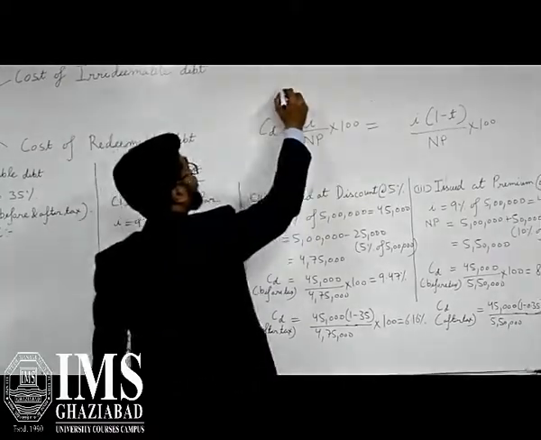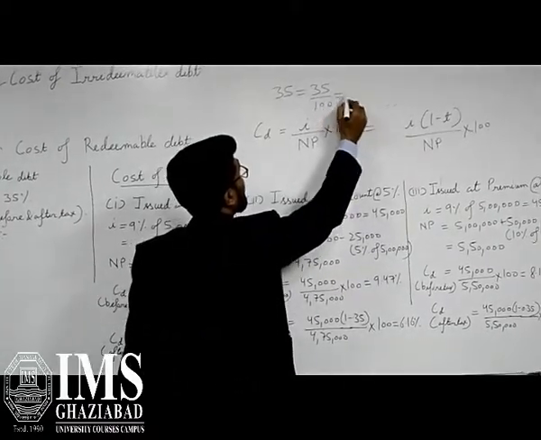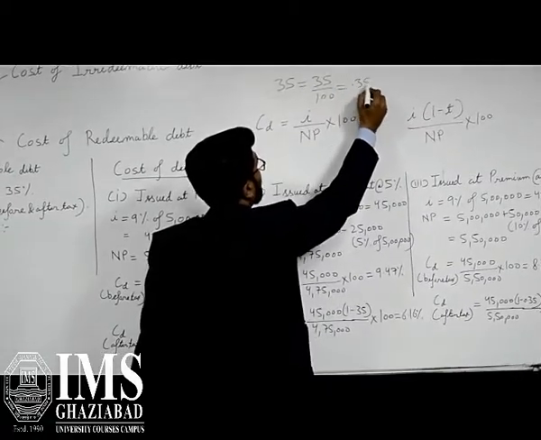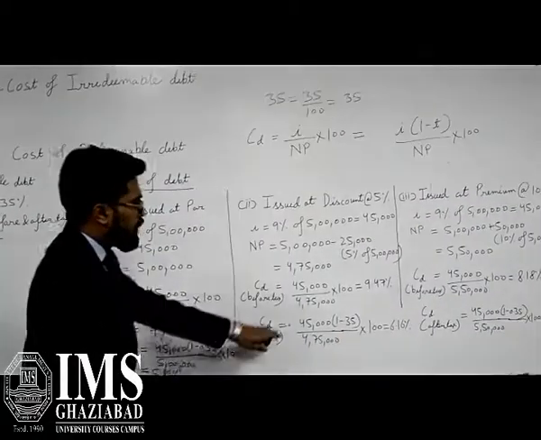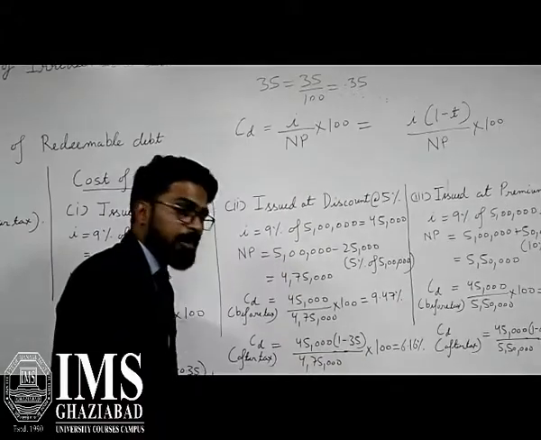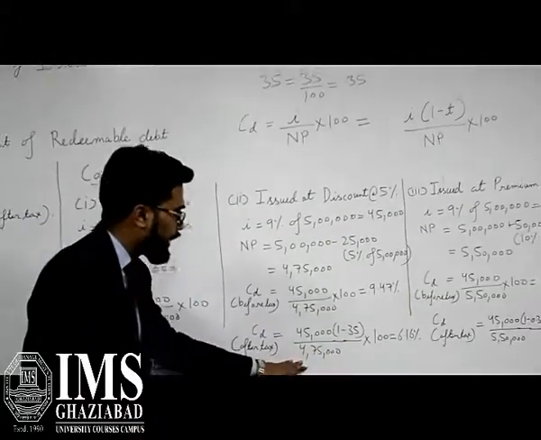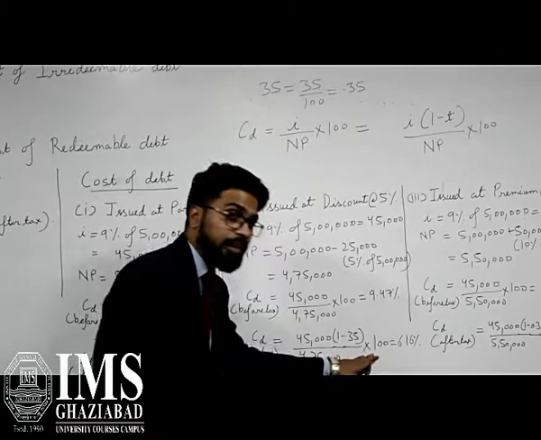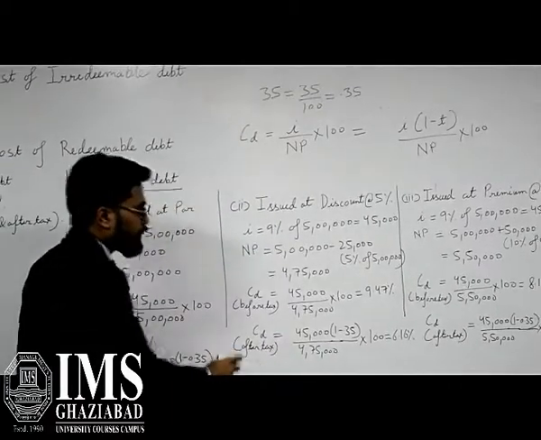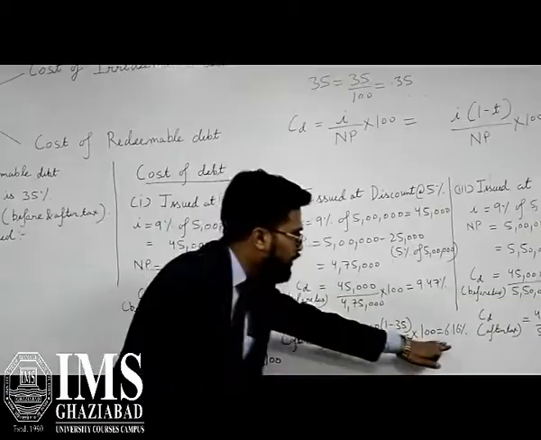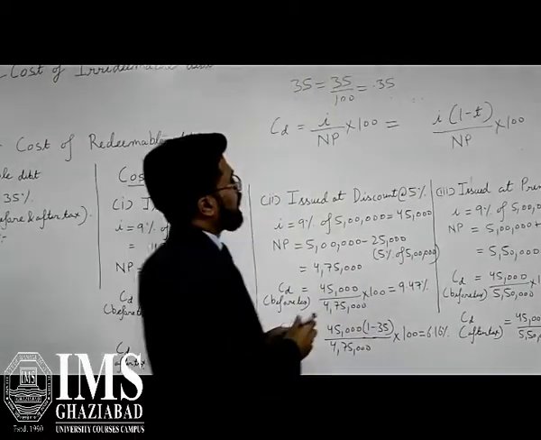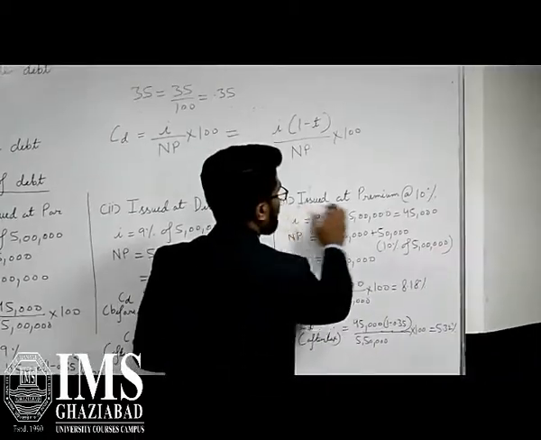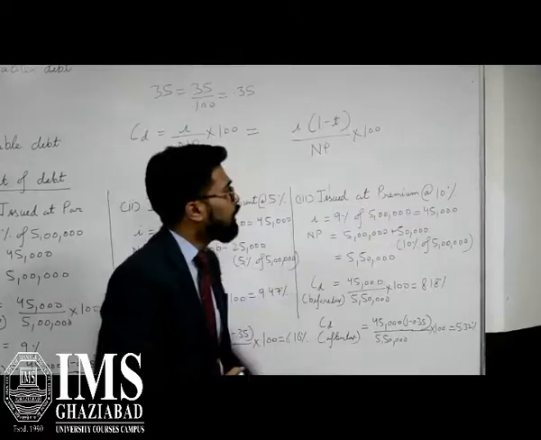So 45,000 multiplied by 1 minus 0.35, since the 35% tax rate is divided by 100, so we directly use 0.35. So 45,000 multiplied by 1 minus 0.35, divided by 4,75,000 into 100. So cost of debt after tax is 6.16%.